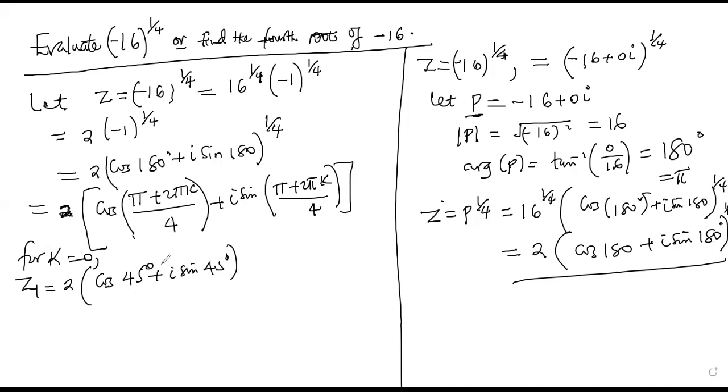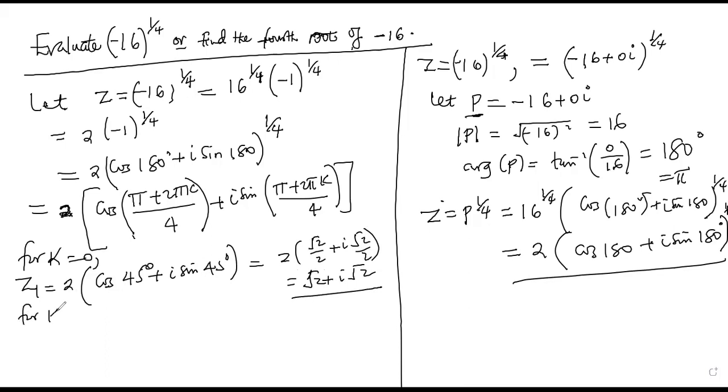When you compute this, cos 45 is root 2 over 2, so this will be 2 into root 2 over 2 plus i root 2 over 2. The 2s will cancel, so you have root 2 plus i root 2 as your z1.